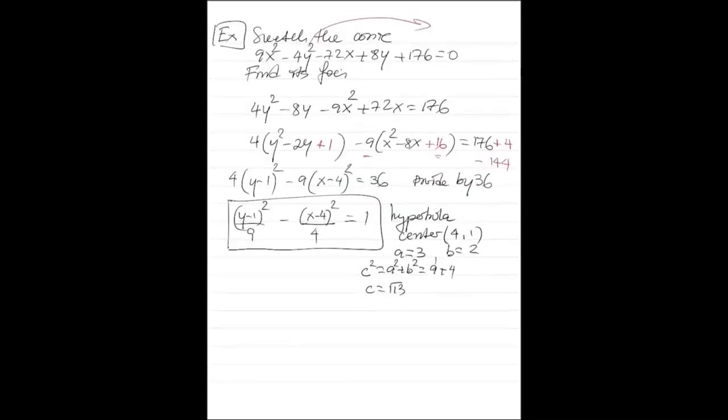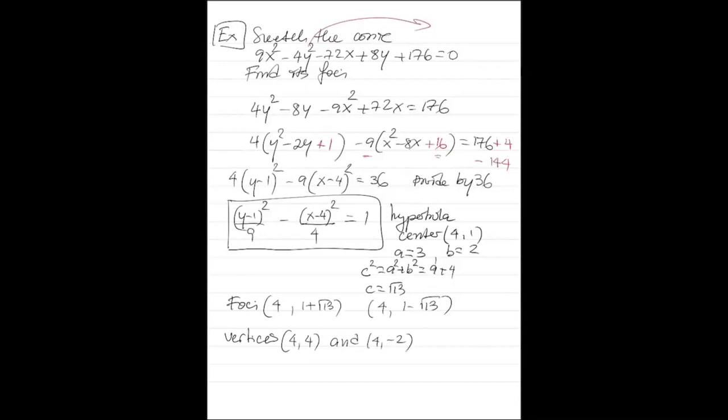So now we can write the foci. Because of the shift, see the center is 4, 1. So the foci will be 4, 1 plus square root of 13, and the other one, 4, 1 minus square root of 13. We have vertices 4, 4, and 4, negative 2.